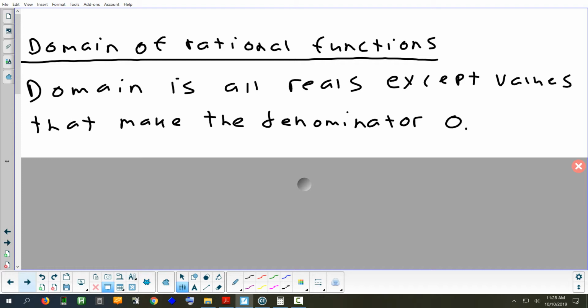And how do we figure out the values that would make the denominator 0? Well, you set the bottom equal to 0, and solve it. That's what we basically did in the whole last chapter. Find the roots of the denominator. If you can find the roots, then you just figured out the values that make the bottom 0.